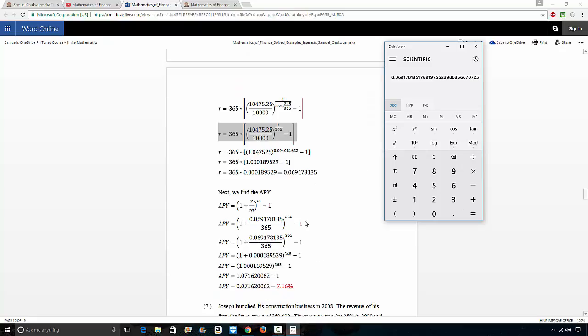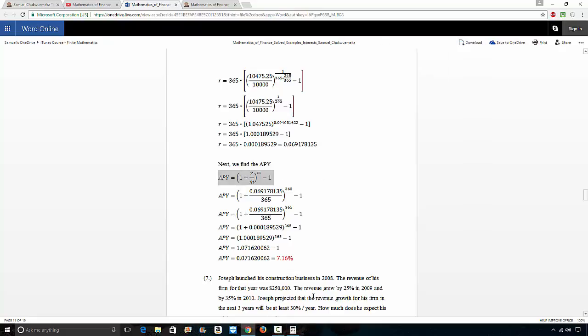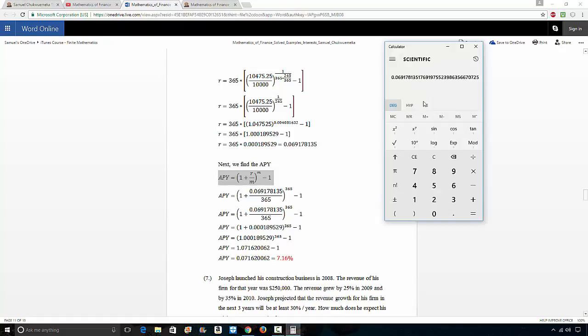Okay. And if you want to find the APY right from here, since we know our M, this is the formula we use here. So this is the R. So I'm going to use it like that. I will divide this by 365 equal to. Then I'll do plus 1 equal to.